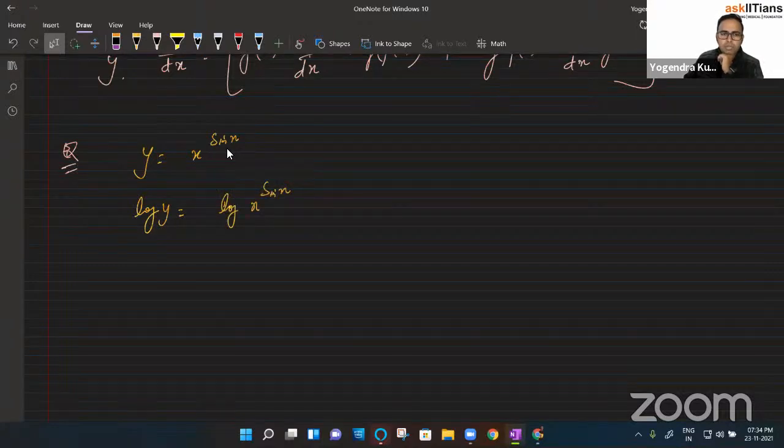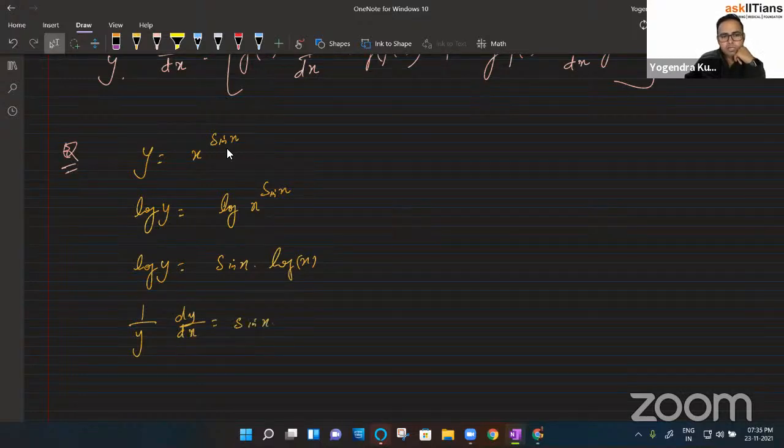First log rule: log is making our work easier by bringing it into product form from the exponent form. So sine of x into log of x. So 1 by y dy by dx is equal to sine of x into 1 by x plus log x into cos of x.